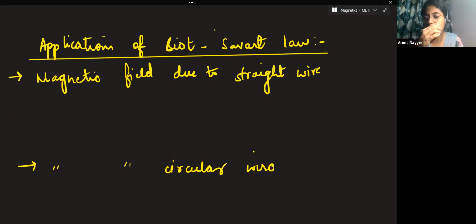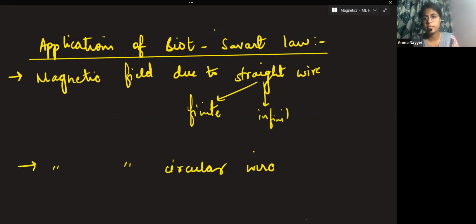Now the first application has actually been classified into two groups. Straight wires, where it can be finite, it can be infinite, it can be semi-infinite and so on. This is the classification that is already done.